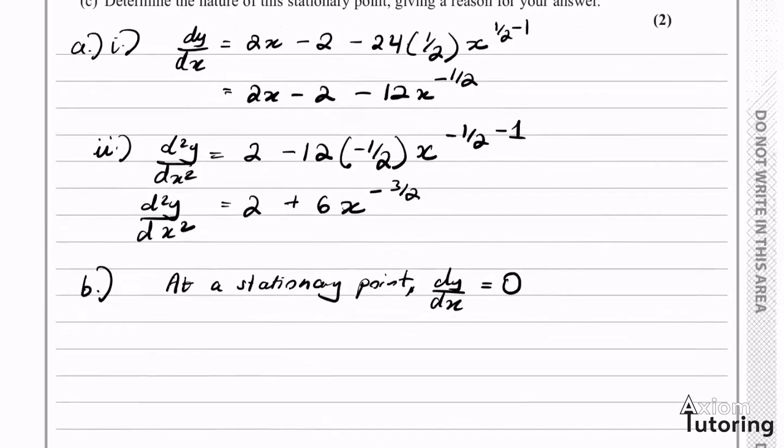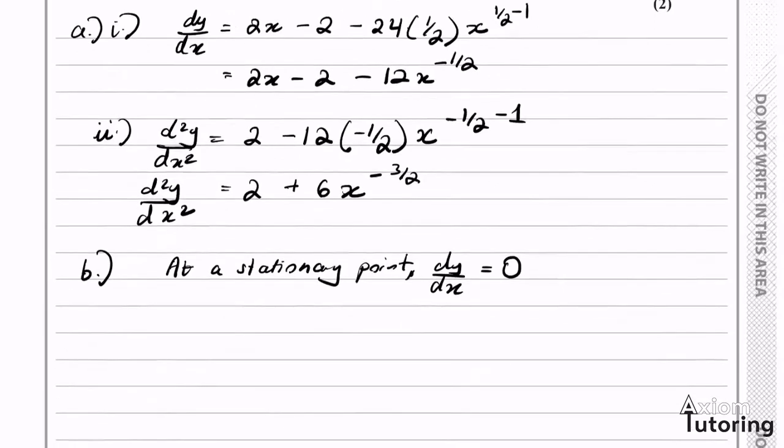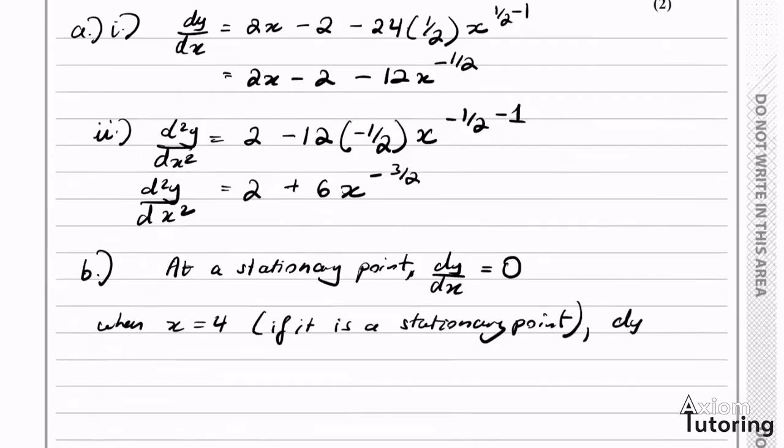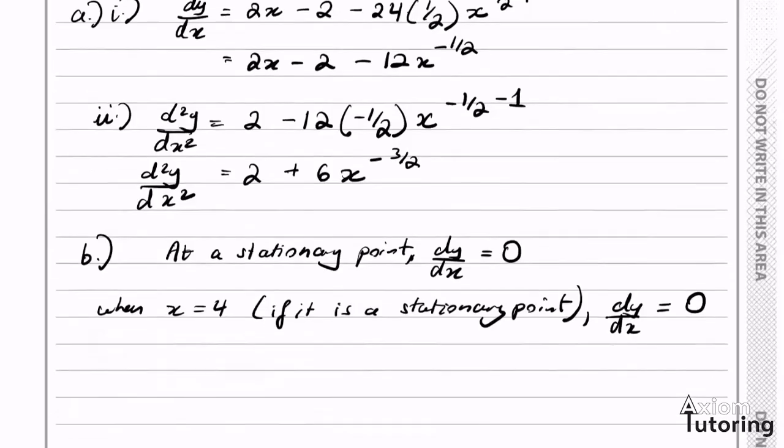So what we're trying to verify here is that when x equals 4, if it is a stationary point, dy over dx should equal 0.